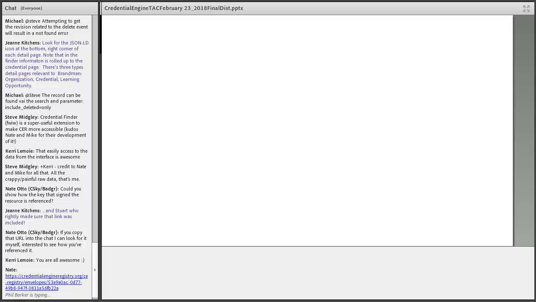Will we see them in the wild? Why do I care about envelope IDs? Is that roughly that line of question? Right, yeah. I saw you show one in the Credential Finder interface. Where else do they appear besides in other envelopes, I guess?